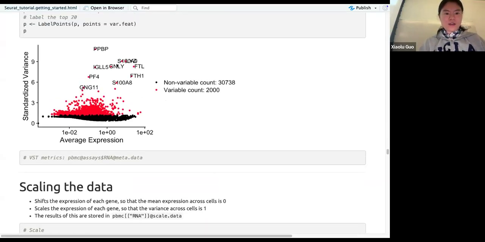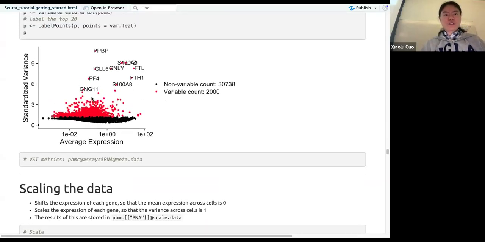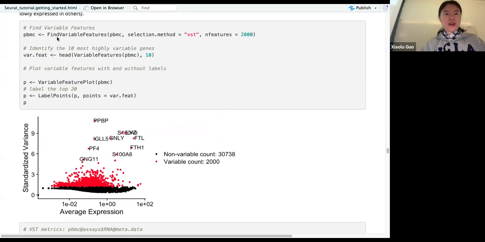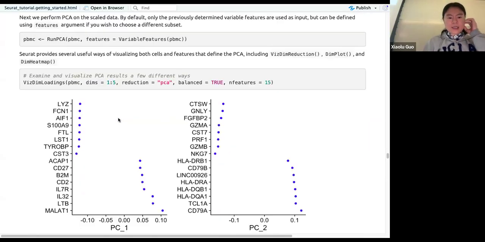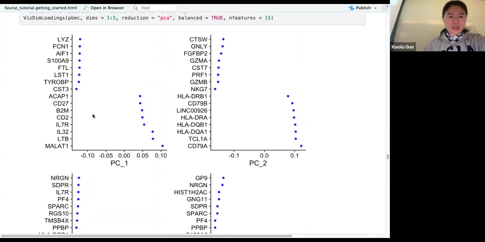And another, selecting the highly variable genes, is using one line. And then we use this method, and we can see the red dots are the highly variable genes. And then we also discussed the principal components, and each represents a set of genes, and the loading for that gene for this PC means how correlated they are.